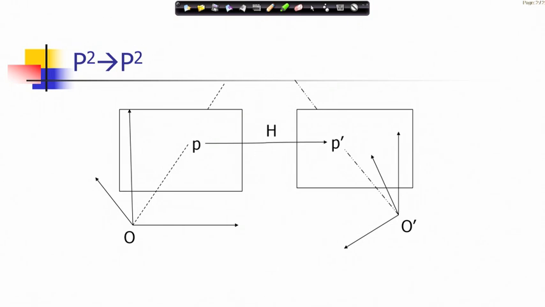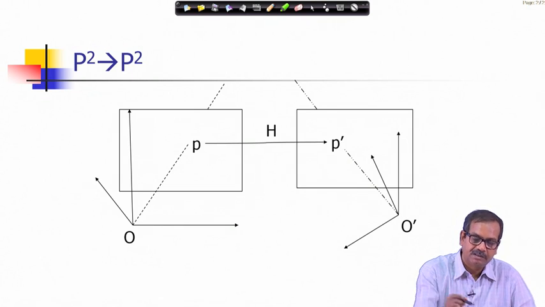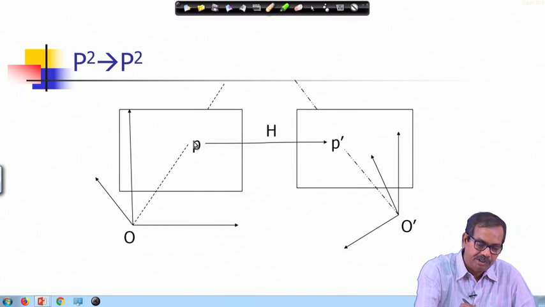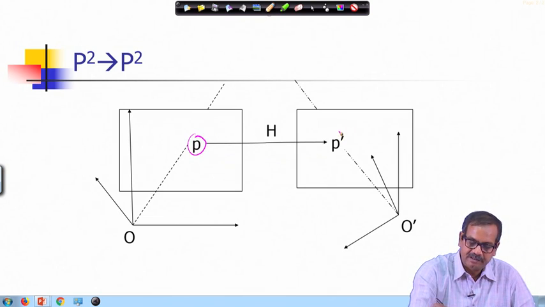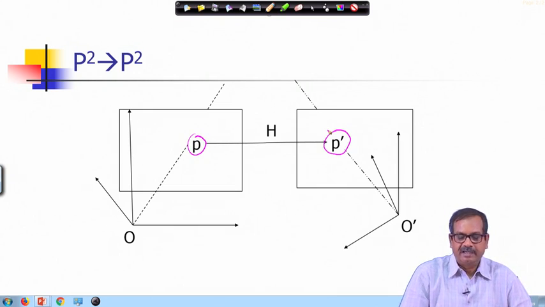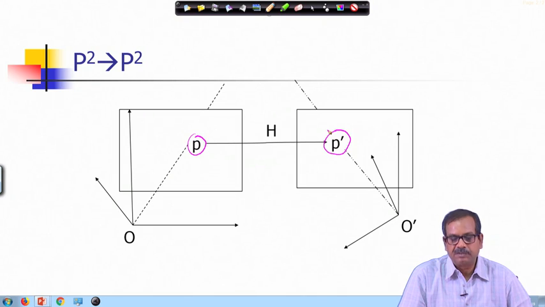Here we are showing that there is a mapping between the point P and P prime, and that mapping is defined by a 3 cross 3 transformation matrix, as we have discussed earlier, and this is how we denote a projective transformation.